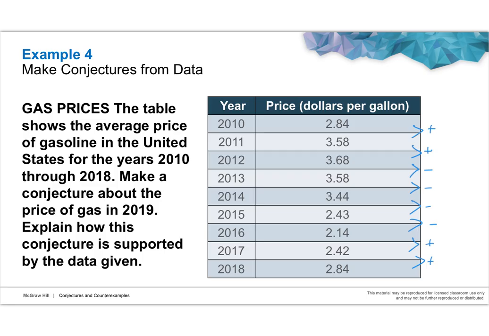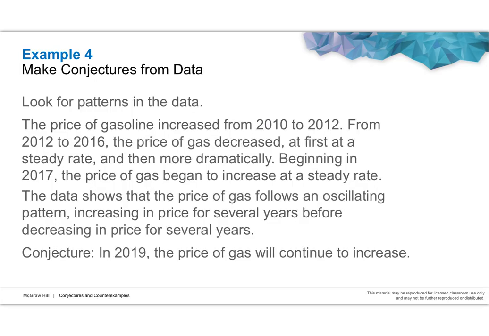So what is the pattern that we are seeing, if any? Not a whole lot we can tell here other than that the price of gasoline is increasing at first and then decreasing again and then increasing again. So it seems to show that the price of gas follows what's known as an oscillating pattern, meaning it increases and then decreases, kind of back and forth.